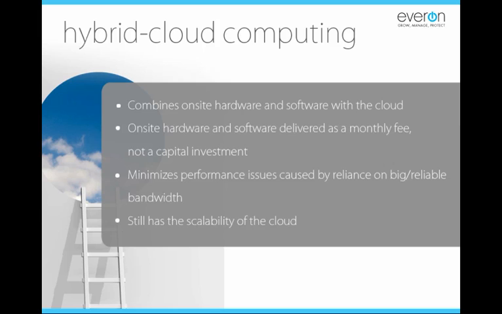So if you're doing everything in the cloud, you can experience some performance delays, right? You can sit there and wait for a website to reload, and that can take some time, and that can be very frustrating if everything that you're doing all day long is in the cloud. However, if you have some of that hardware and software still on site, then some of those performance issues will be minimized.